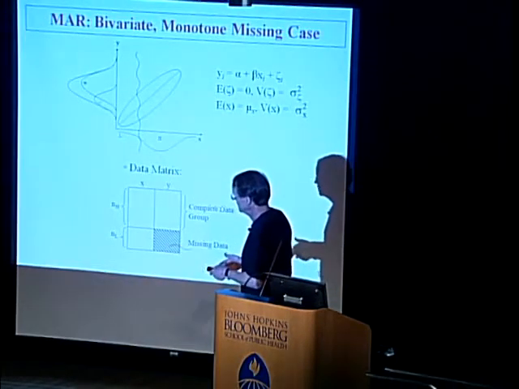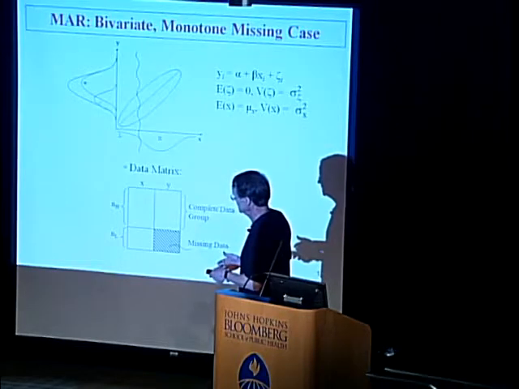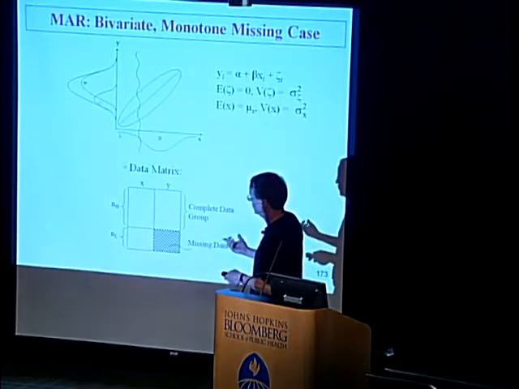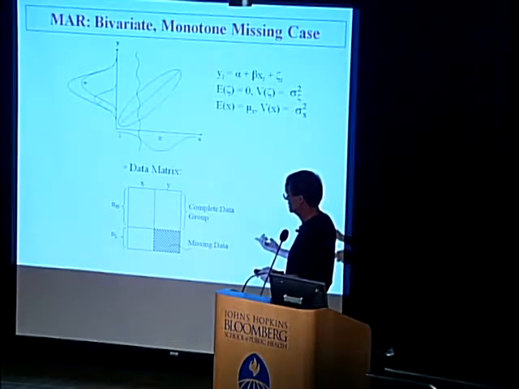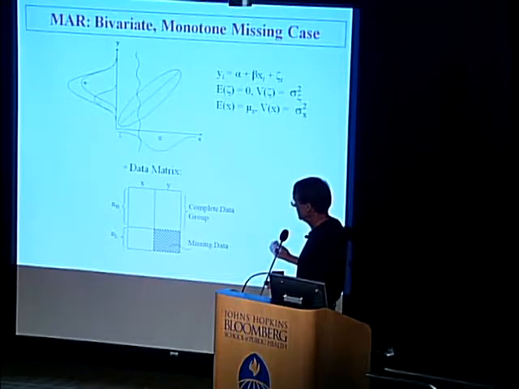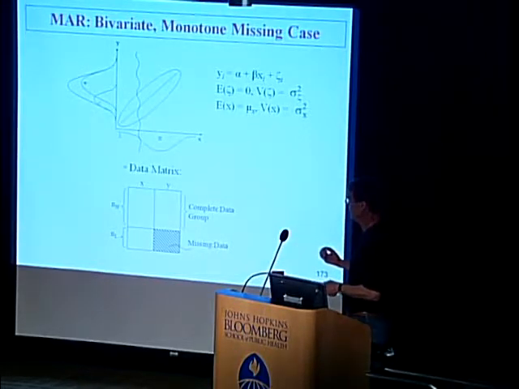NH, these people in this top box, have complete data on both X and Y. Those are the people you would use if you did listwise deletion. Whereas down here, for these people, you only have data on X. You have missing data in the shaded area for Y.